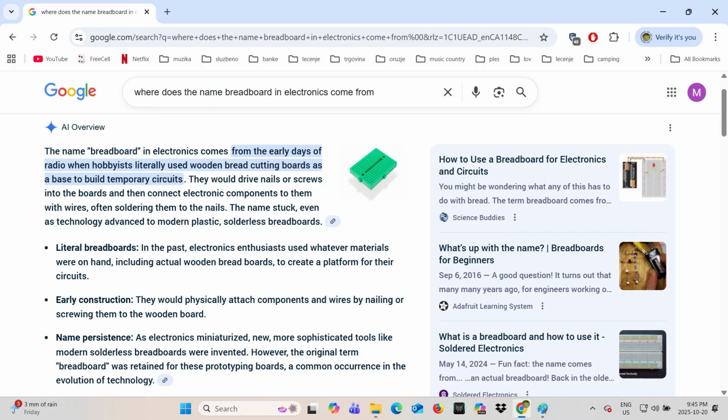In the past, electronics enthusiasts used whatever materials were on hand, including actual wooden breadboards, to create a platform for their circuits. Early construction, they would physically attach components and wires by nailing or screwing them to the wooden board. Name persistence. As electronics miniaturized, new, more sophisticated tools like modern solderless breadboards were invented. However, the original term breadboard was retained for these prototyping boards, a common occurrence in the evolution of technology. Thank you, Google babe.